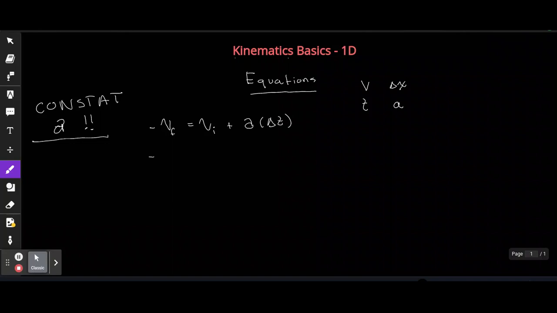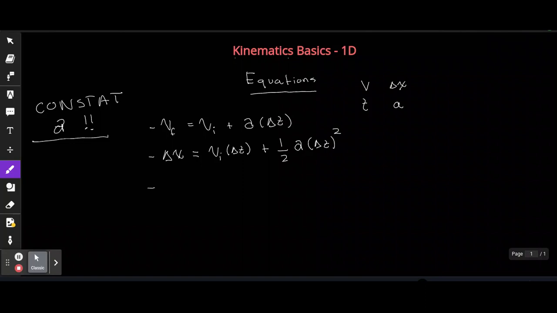Next, we have displacement, which we know as final position minus initial position, equals initial velocity times elapsed time plus 1/2 of our acceleration times elapsed time squared.